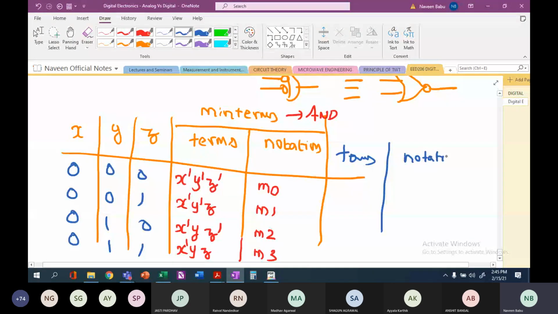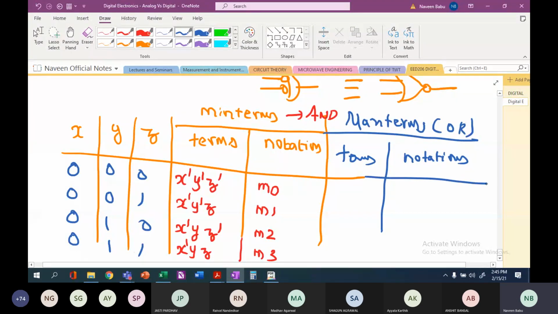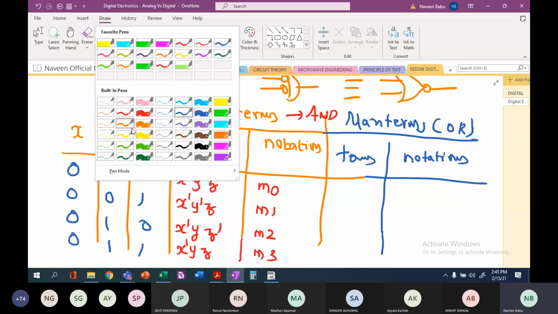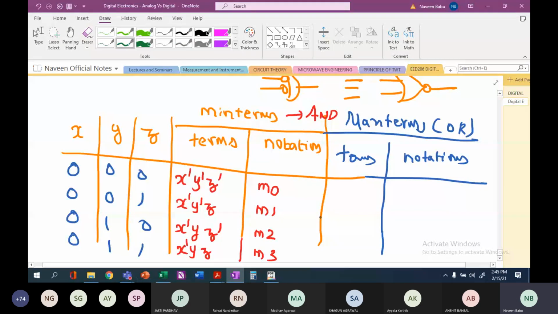Now coming to the max term, how am I going to represent the terms and notations? Please note that your max terms are logic OR terms. So your 0, 0, 0, please note there's a very drastic difference here. The 0, 0, 0 will be represented as x plus y plus z, not x bar plus y bar plus z bar.